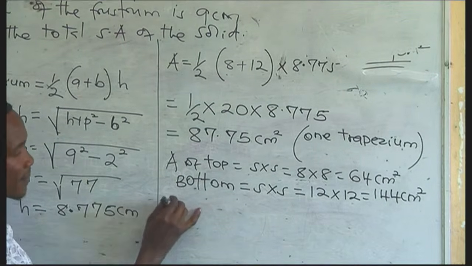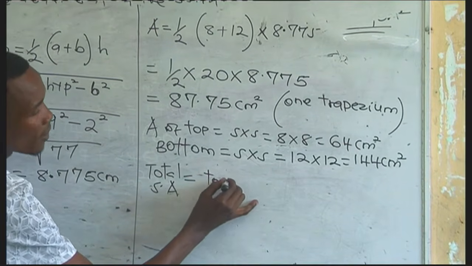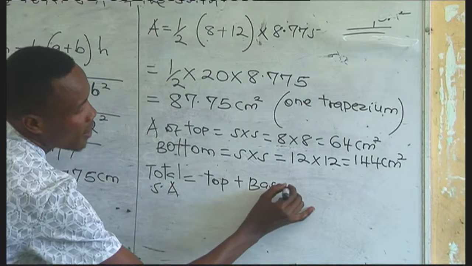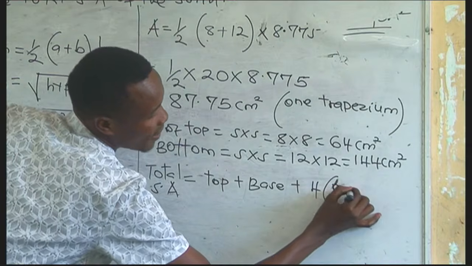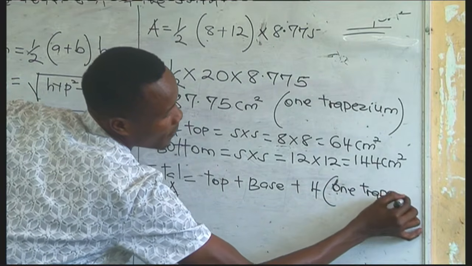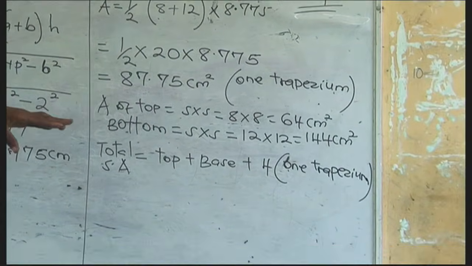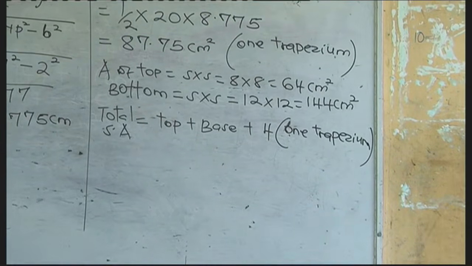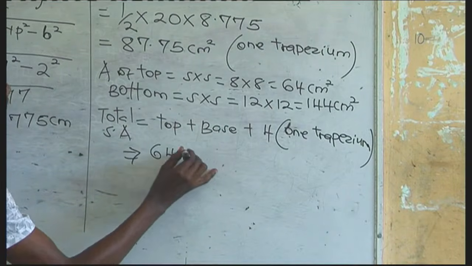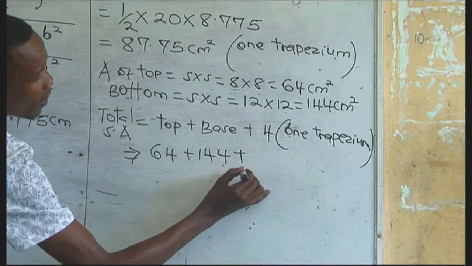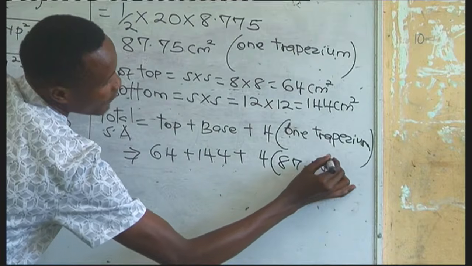Now the total surface area will be top plus base plus 4 into one trapezium. So we shall multiply the trapezium that we obtained by 4, then we add the top and the base. So the top will be 64 plus 144 plus 4 into 87.75.